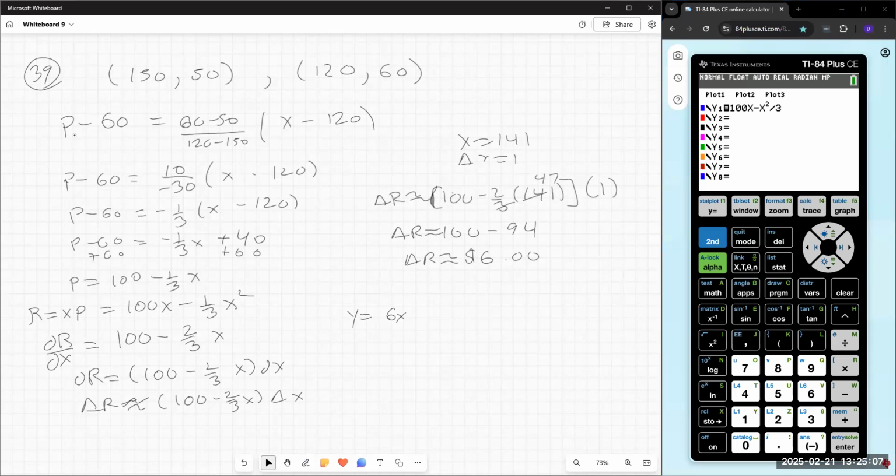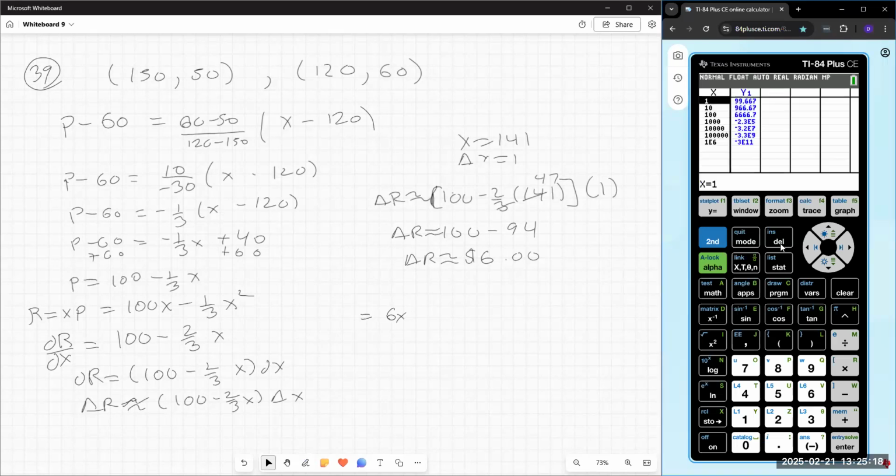and then, let's see, y minus, I want it at 141. So what is R at 141? R of 141 is 7473.